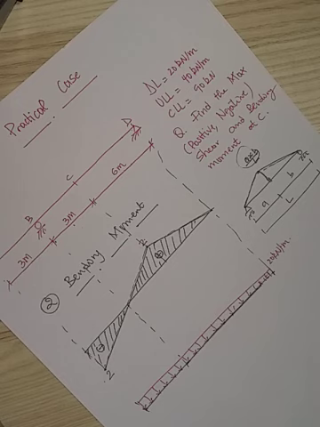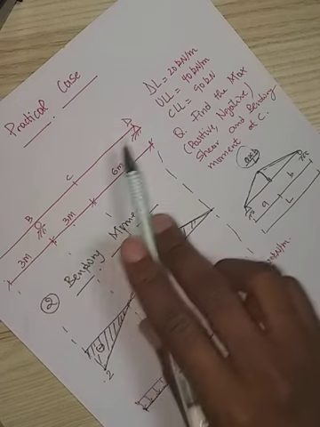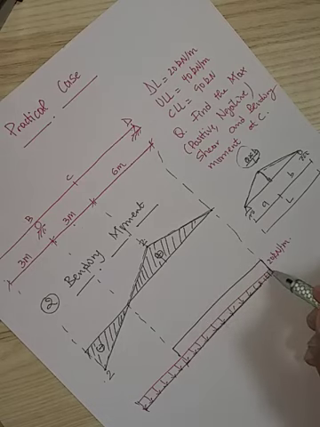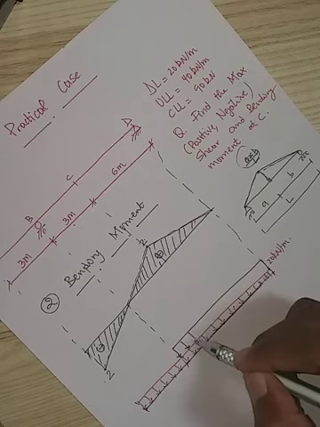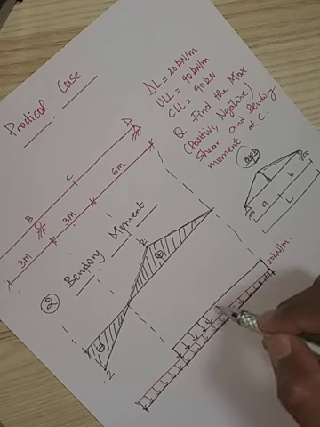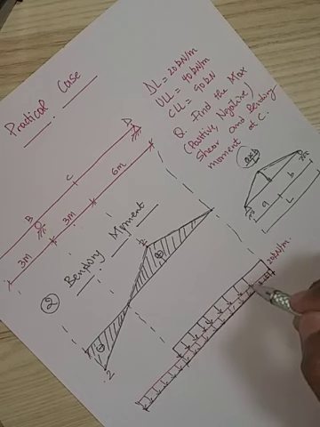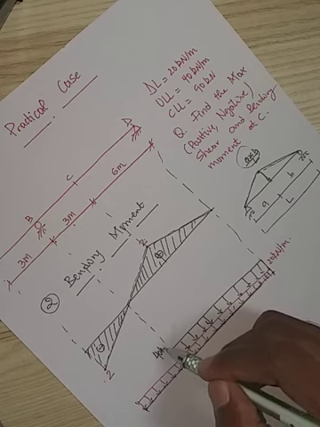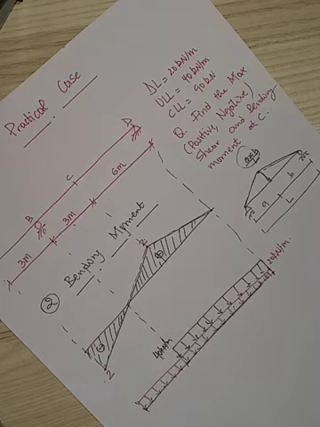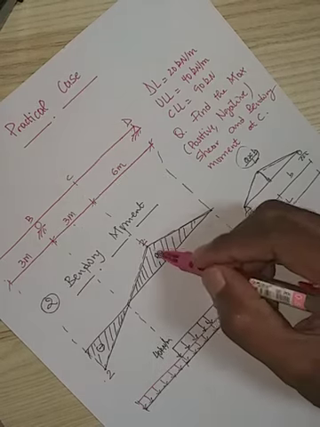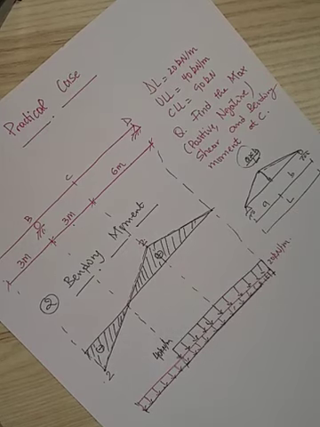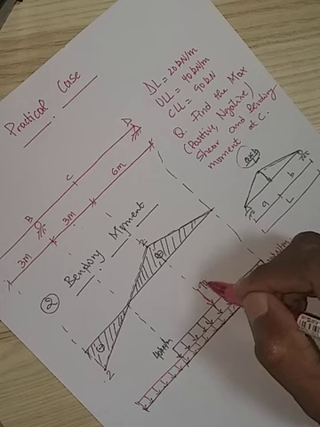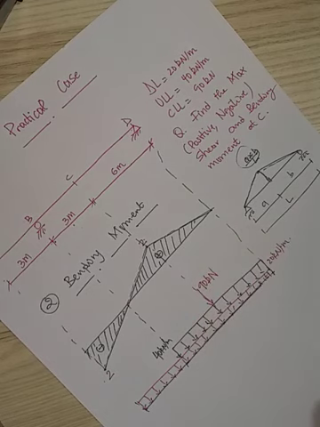The positive portion is between B and D. So we first applied the uniformly distributed live load of 40 kilonewton per meter, and then we take the concentrated load and apply it at the position where we have the maximum height or ordinate. We applied here 90 kilonewton.